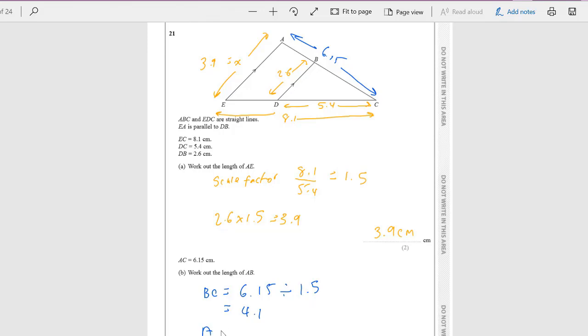So AB equals 6.15 take away 4.1. So AB is that part and BC is that. So BC, so 4.1. So that's going to give us 2.05.